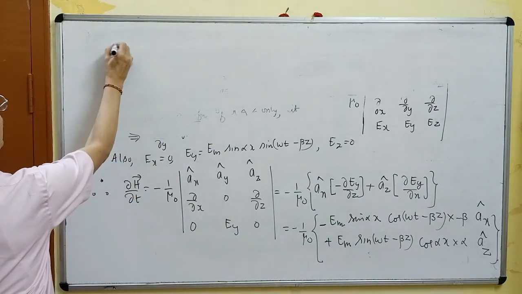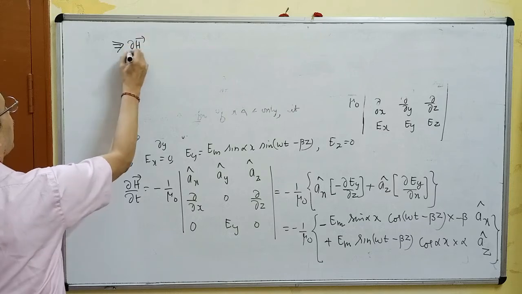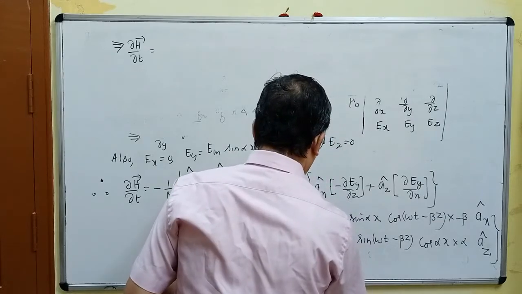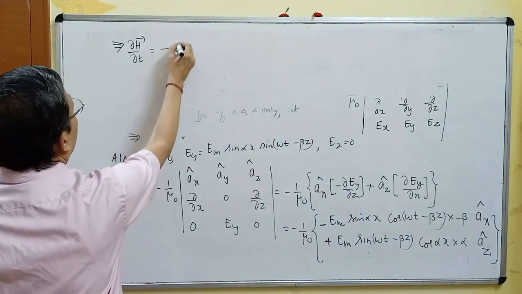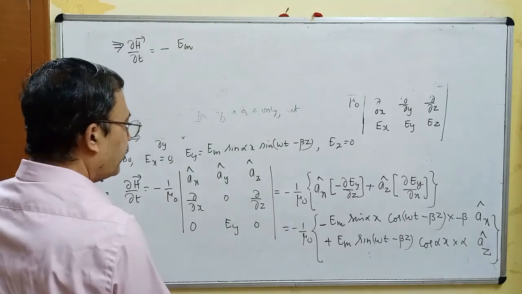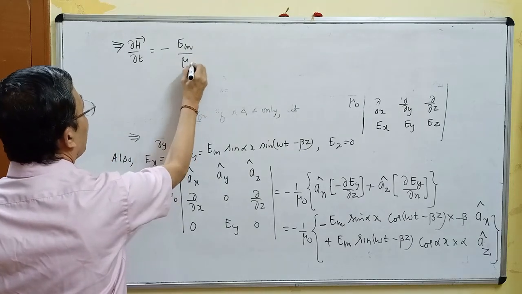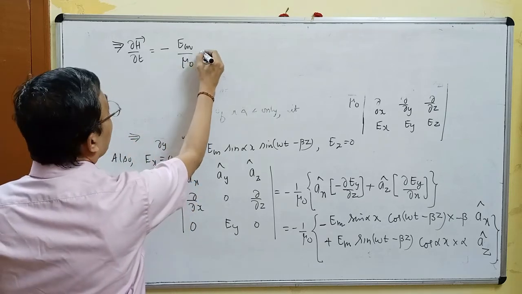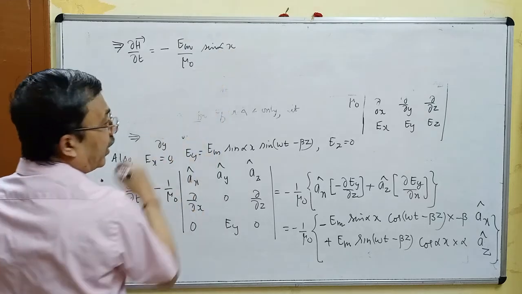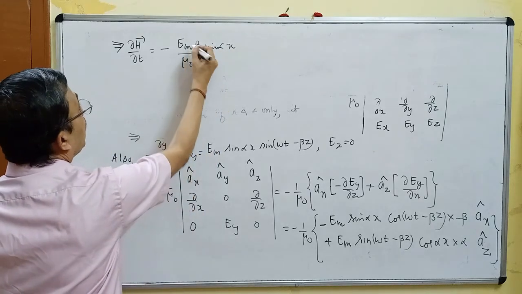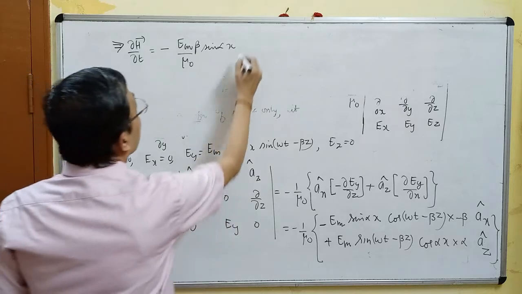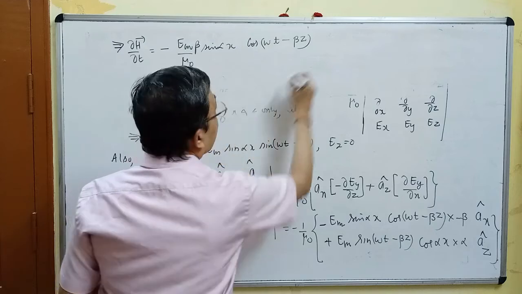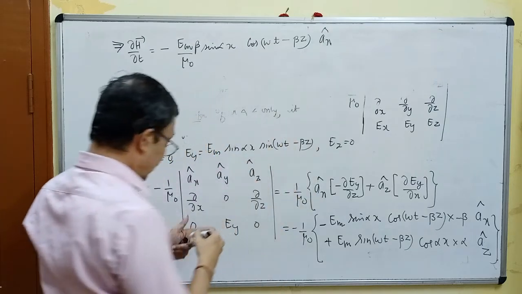Next, this implies vector dou H by dou t is equal to minus into minus plus, plus into minus is minus Em divided by mu naught into sin alpha x into beta. That is, Em beta by mu naught sin alpha x into cos(omega t minus beta z) into Ax cap.